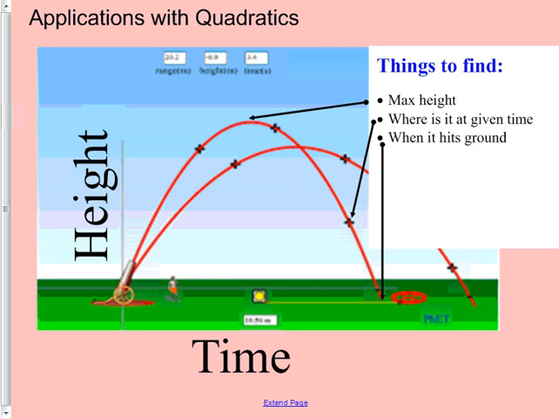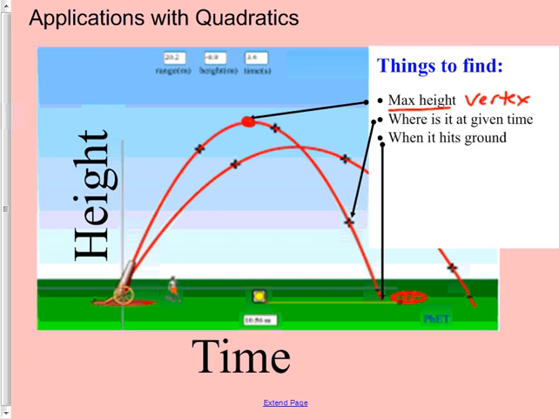Next up, if you are trying to find the maximum height, it says that right here on the slide, but what is that math-wise on that parabola? The vertex. Everybody please write that next to max height, to help you remember that's the math word for it.